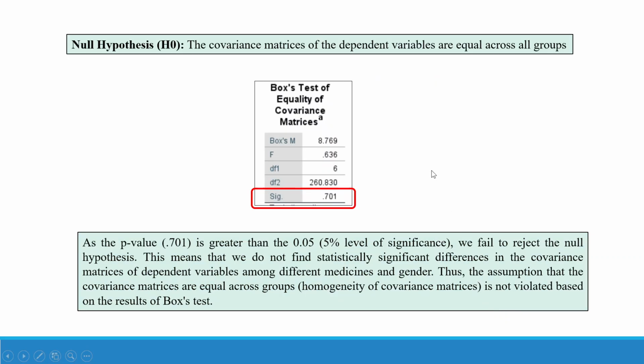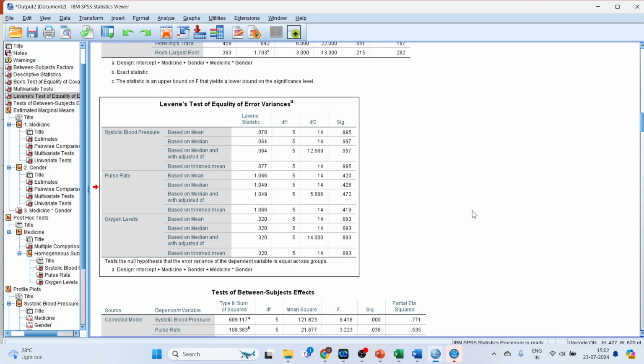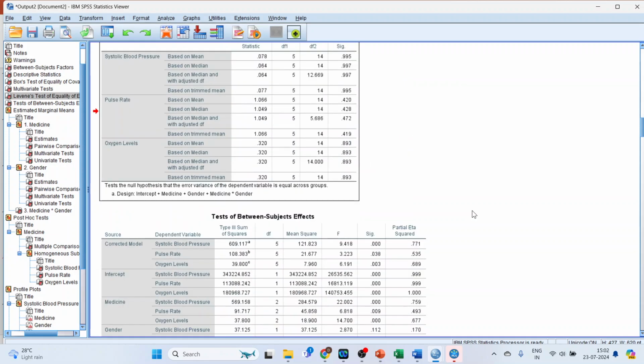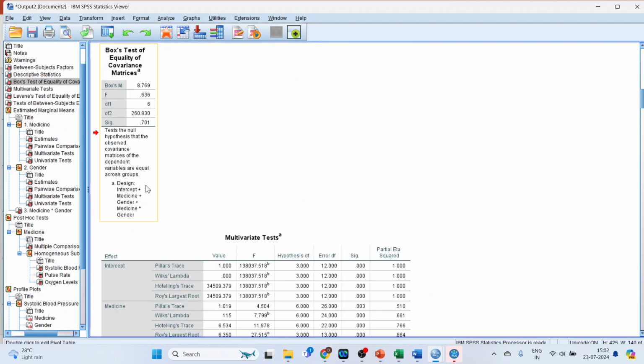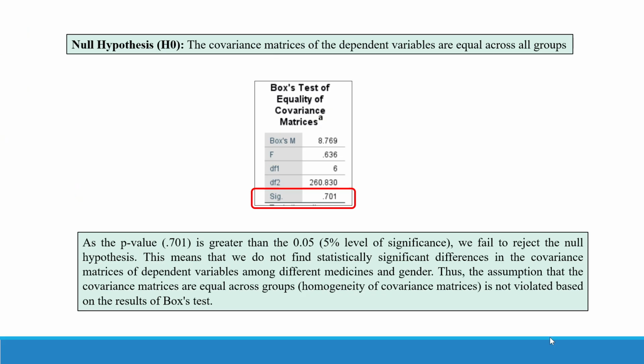Next, we have to check for the covariance matrices. This we will get from here. Yeah, here it is. So right click, copy. What is our null hypothesis? The covariance matrices of the dependent variables are equal across all the groups. Now just see the p-value. As the p-value is greater than 0.05, we fail to reject the null hypothesis. In layman's terms, you can just remember accept, but don't write it in the paper.